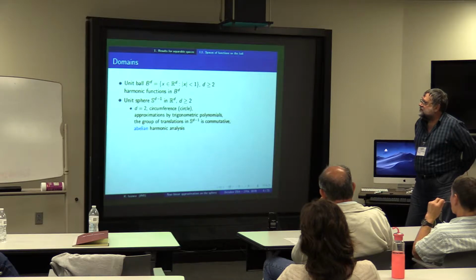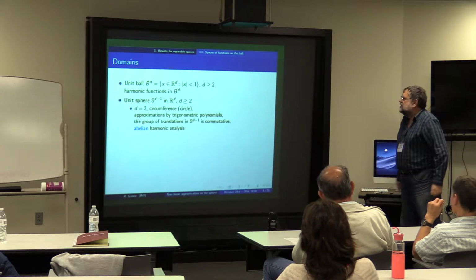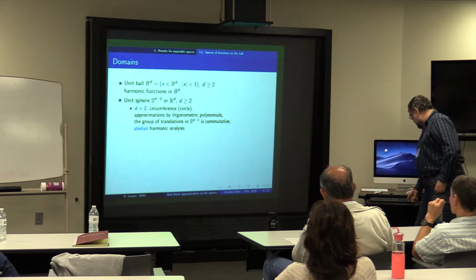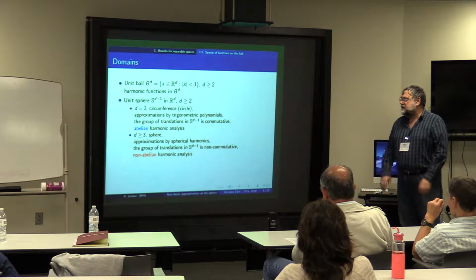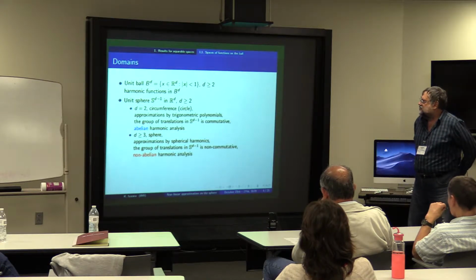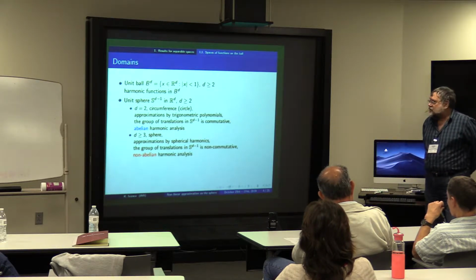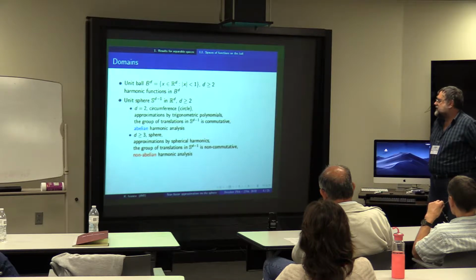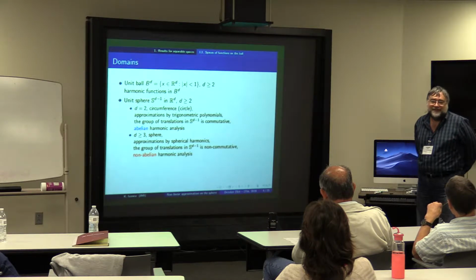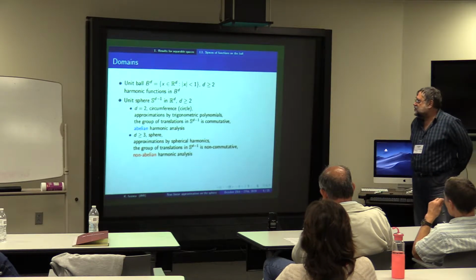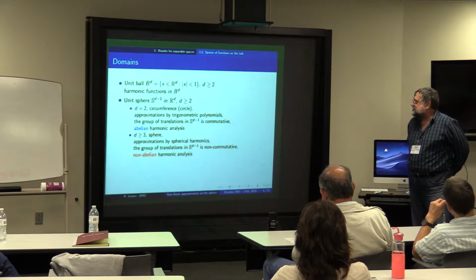This is for dimension d equal to 2, but I'm going to consider all dimensions, d bigger or equal to 2. So next one is the real sphere, starting with dimension 3 and up. In this case, we approximate by spherical harmonics. The group of translations is not commutative, unfortunately, and life is more difficult. So we have non-abelian harmonic analysis.